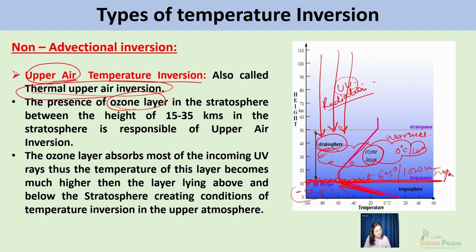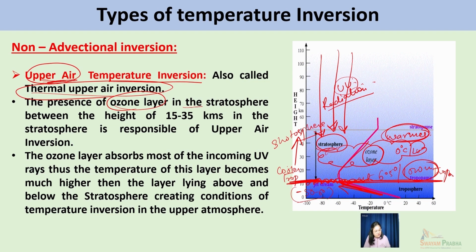So here what happens is that the warmer air is lying above the colder air, leading to temperature inversion conditions. So the upper regions of the troposphere are cooler as compared to the stratosphere, leading to temperature inversion in the upper air region.